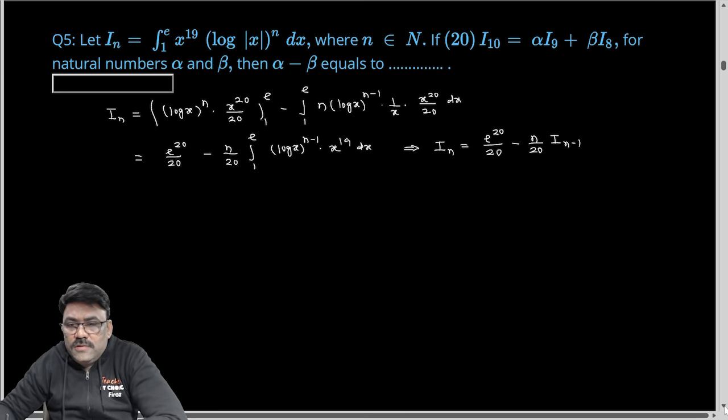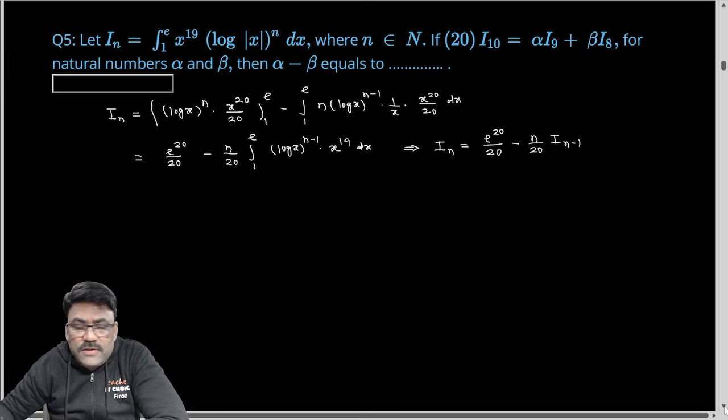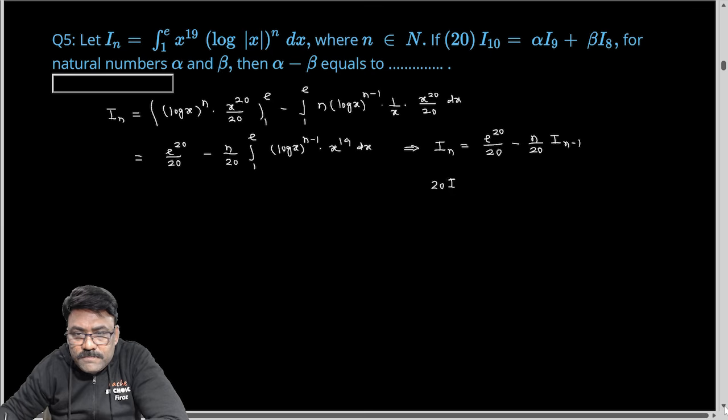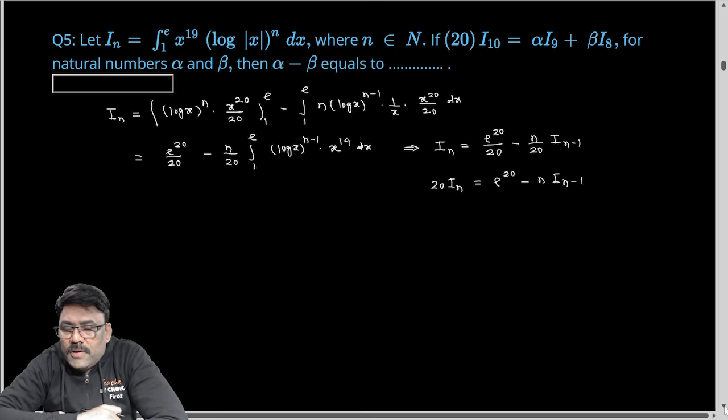So I can say that, in fact, you can see that we have to relate I10, I9 and I8, right? In fact, this can also be written as 20 I_n equals e raised to 20 minus n times I_(n minus 1).